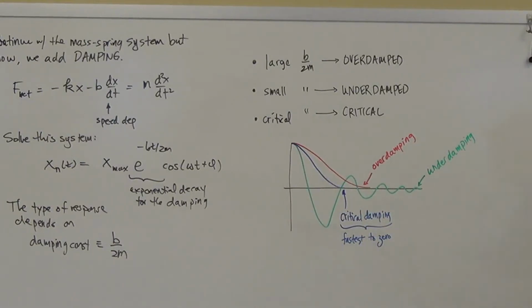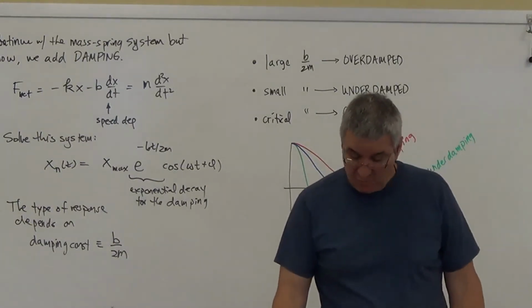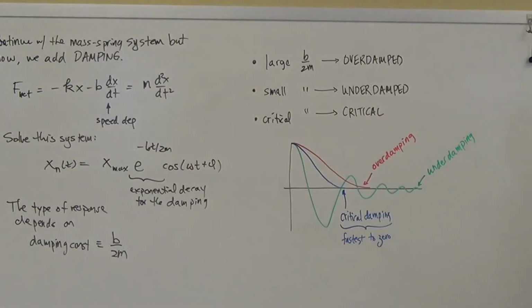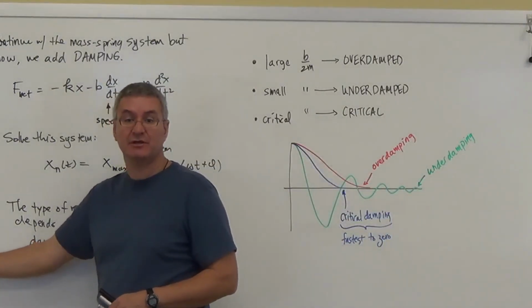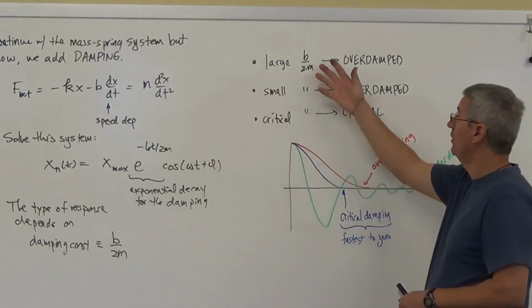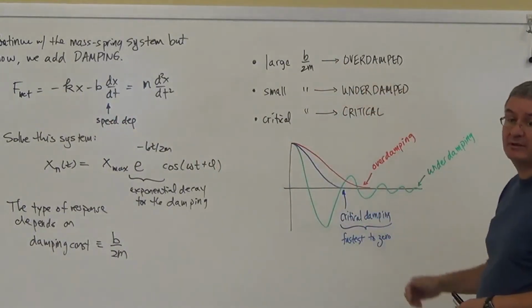So what we want to do now is start looking at these equations. Okay? So now if I go into an electric circuit, if I do this exact same analogy, it depends on how the resistor is set up in the circuit to get either over, under, or critical damping.